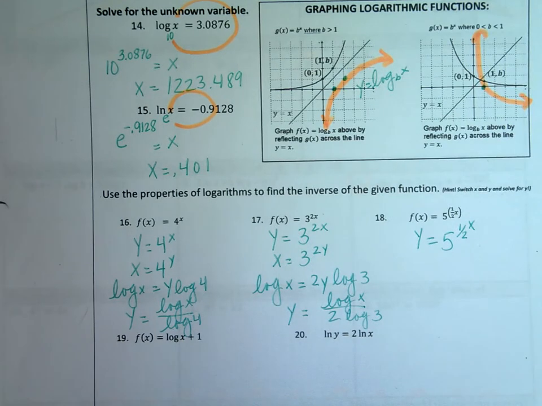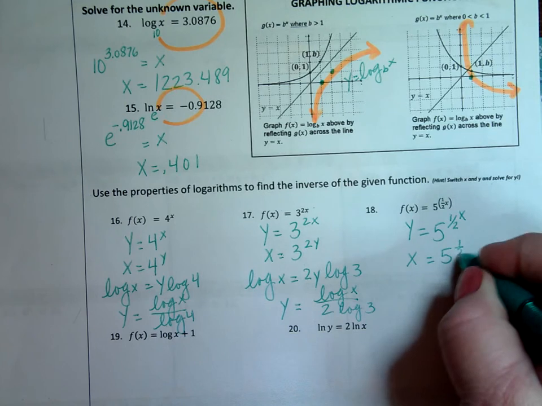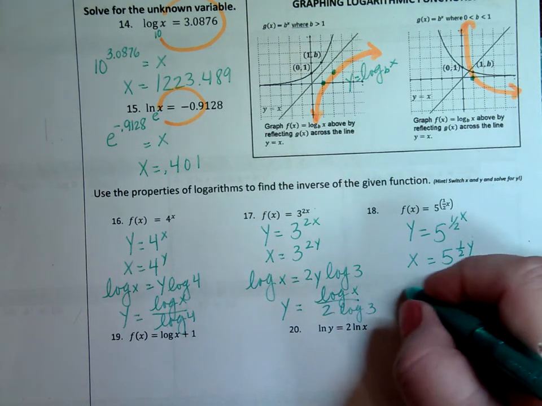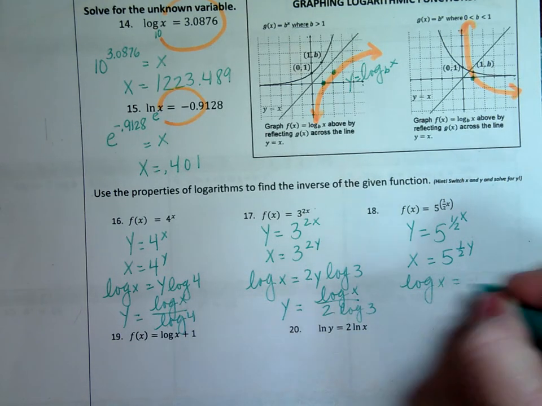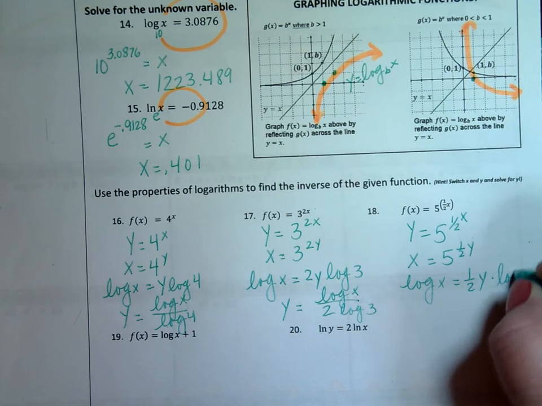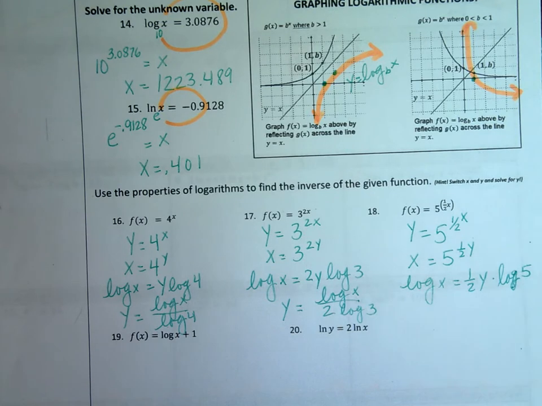Switch them around. X equals 5 to the 1/2 y. Where's the y? In the power. Do the logs. Log of x equals 1/2 y, the power, times the log of 5. Let's just divide by the log of 5 first, because that 1/2 is a little messy.